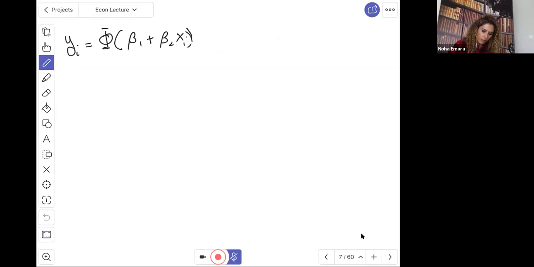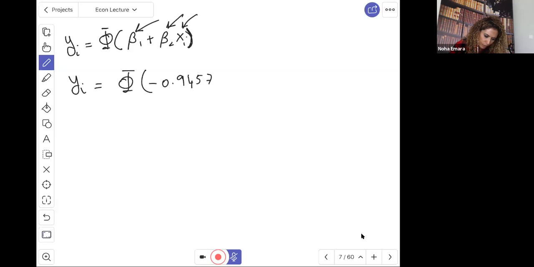Now, I said that this is a probability of owning a house, right? So I have values for this, I have a value for this, and assume that this is income. So let me write it in the form of yi is equal to, based on the numbers I have from the previous example, negative 0.9457 plus 0.1021, right?